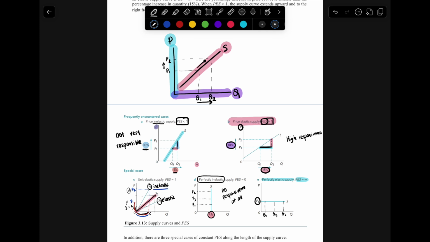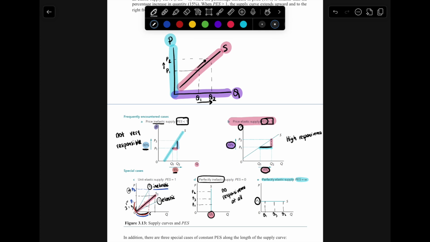As you can see from these spaces right here as well, the quantity only increases by 5%. So the horizontal movement is small, but the vertical movement is large relative to the quantity change. As you can see here as well, the price change is 10%. However, the quantity change is 5%, so the vertical movement is larger than the horizontal movement.